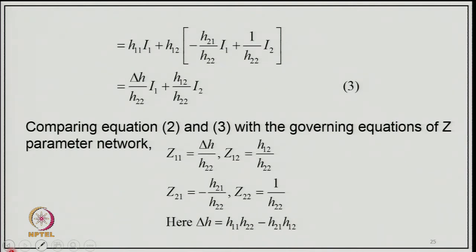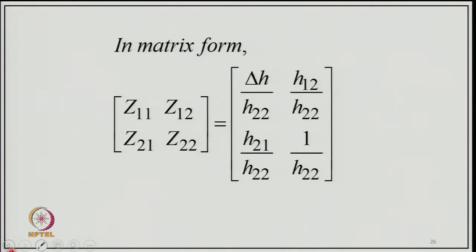That is the relation between hybrid parameters and impedance parameters. In matrix form, the Z matrix Z11, Z12, Z21, Z22 equals delta H upon H22, H12 upon H22, minus H21 upon H22 and 1 upon H22.